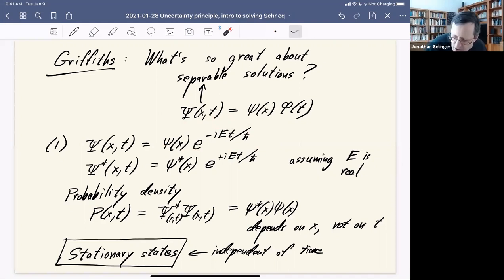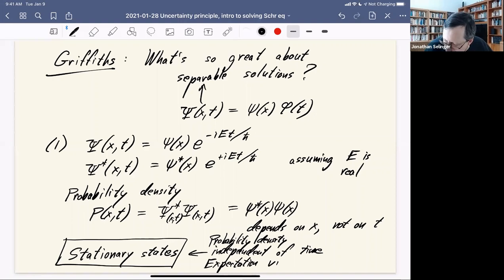And so we could say the probability density is independent of time. And likewise, all the expectation values of x and momentum and whatever are all independent of time. That is a remarkable thing to figure out with these separable solutions.